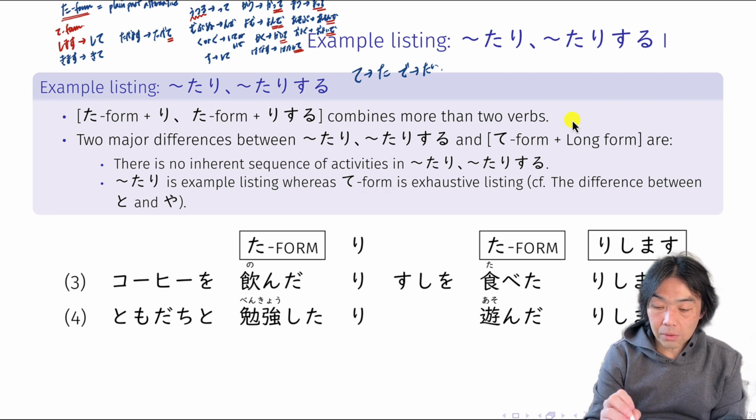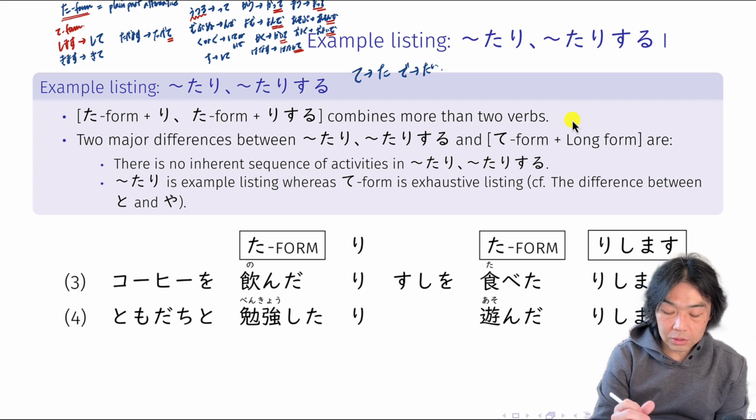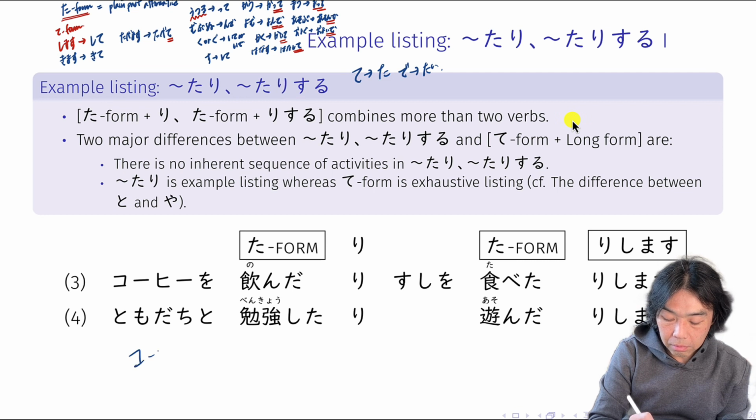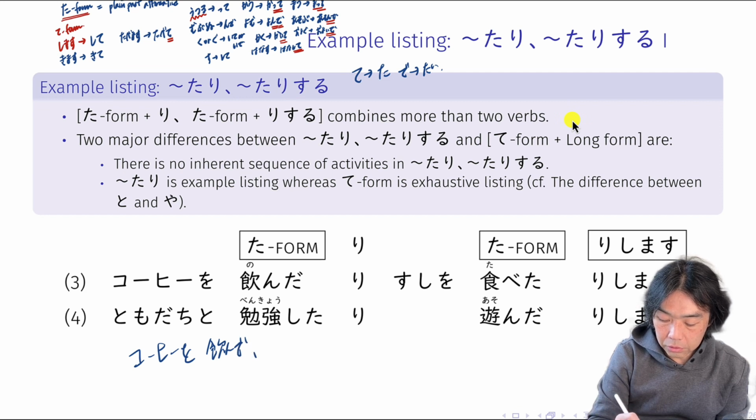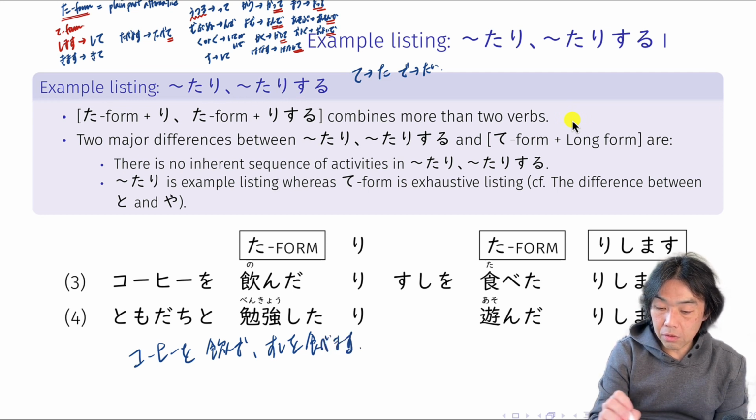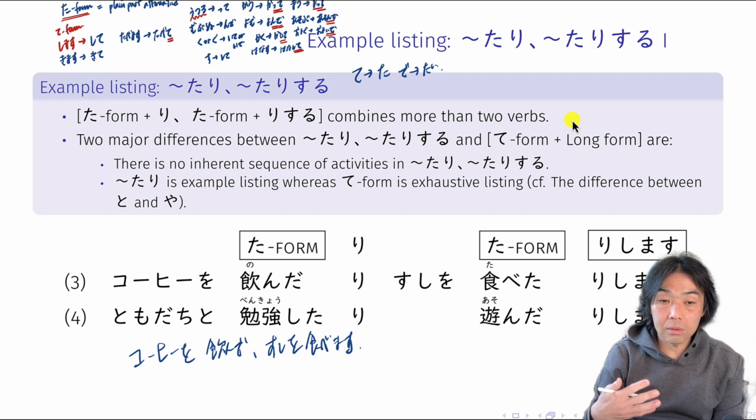Okay, so you probably remember a structure like コーヒーを飲んで寿司を食べます。I think you remember that if you want to use two verbs in the same sentence, you learn that you have to use te form for the first verb, right?